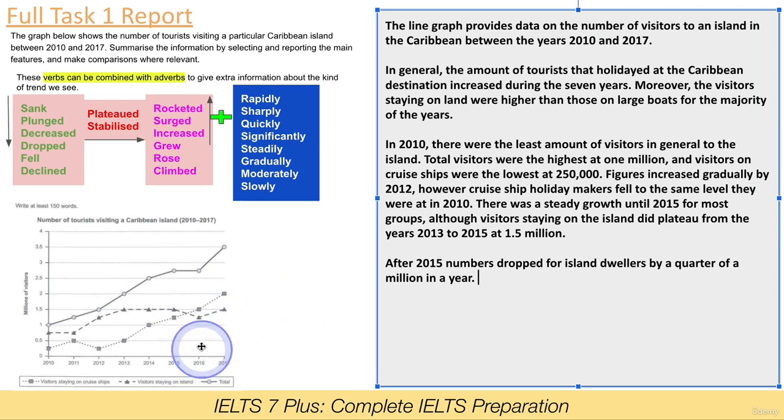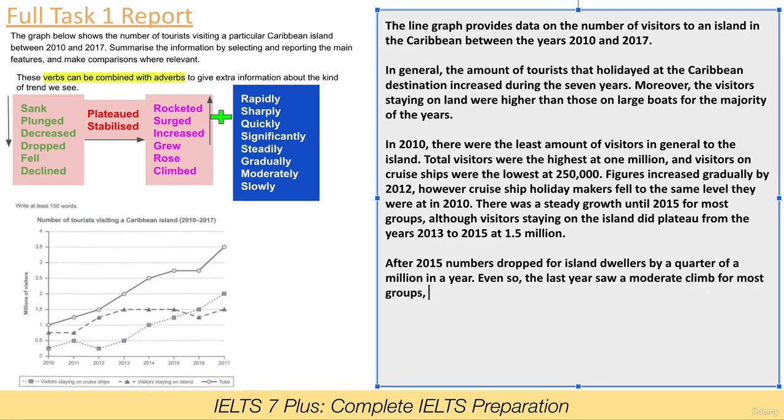However, the last year, 2016 to 2017, saw an increase for all groups. Even so, the last year saw a moderate climb. Well, actually, total visitors surged.